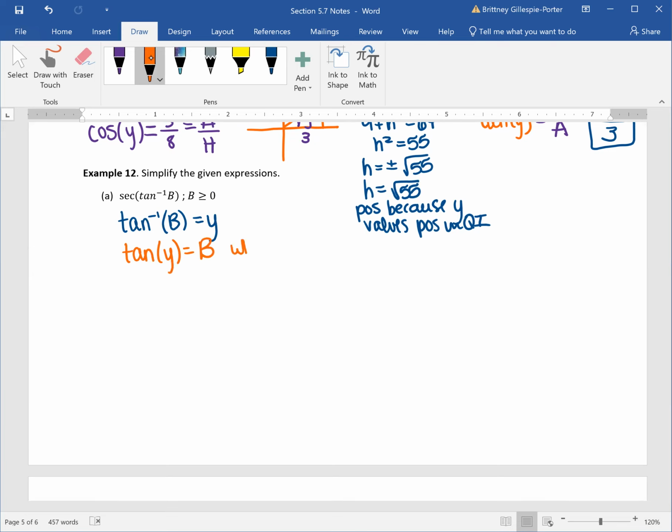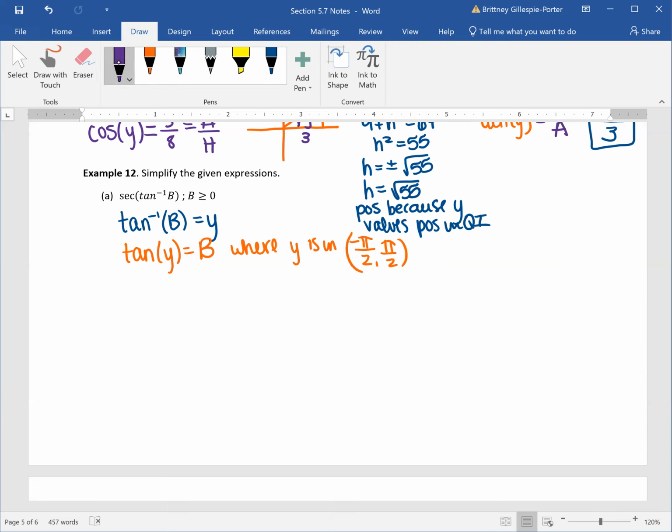And remember, we need to look at the range of the inverse tangent, and the range of the inverse tangent is negative pi over 2 to pi over 2 in parentheses.